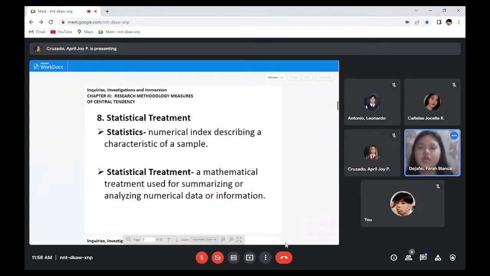Statistical treatment. A mathematical treatment used for summarizing or analyzing numerical data for information. The term statistical treatment is a catch-all term which means to apply any statistical method to your data. Treatments are divided into two groups: descriptive statistics, which summarizes your data as a graph or summary statistic, and inferential statistics, which make predictions and test hypotheses about your data.